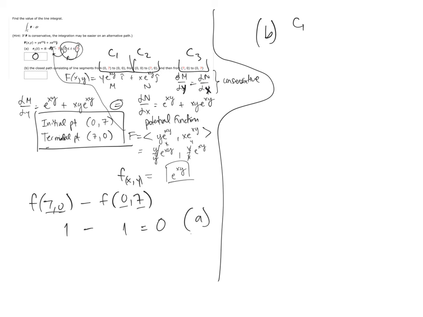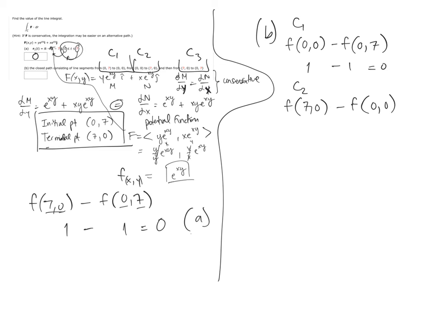So for C1, you will have F(0,0) minus F(0,7), which gives you 1 minus 1 equals 0. Then C2 will be F(7,0) minus F(0,0), 1 minus 1 equals 0.